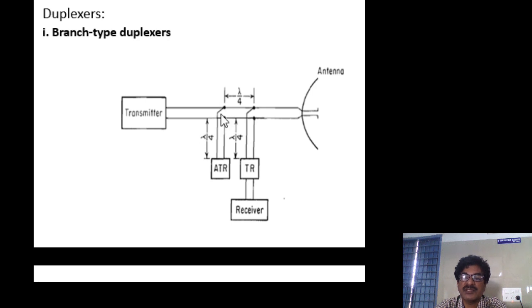The main transmission line shows the short circuiting action, so that no received pulse enters the transmitter unit. So the duplexer consists of ATR and TR gas discharge tubes. This connects or disconnects the antenna to the receiver or transmitter, so that good isolation can be achieved because of the duplexer arrangement.